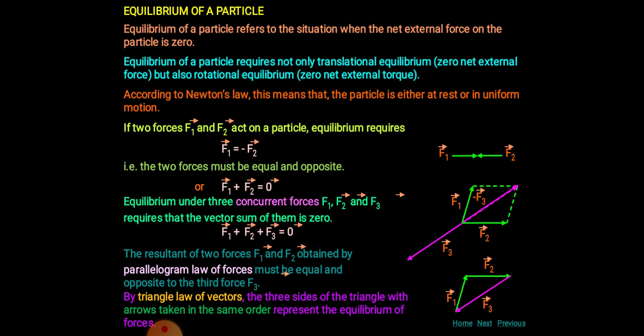By the triangle law of vectors, the three sides of a triangle with arrows taken in the same order represent the equilibrium of forces. So equilibrium of a particle is nothing but the net external force acting on the particle being 0. In that we can consider rotational as well as translational equilibrium.